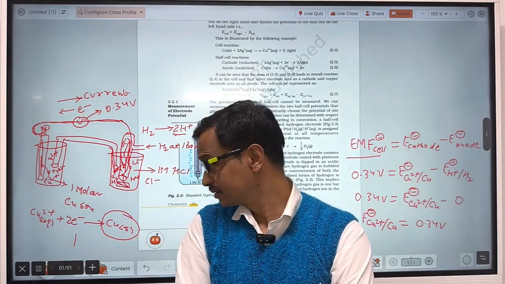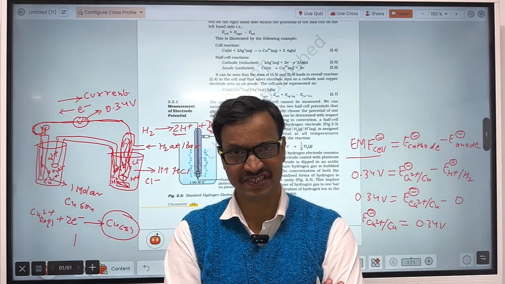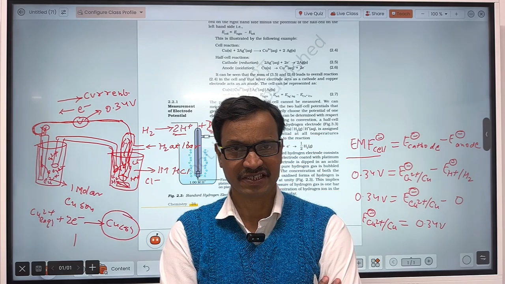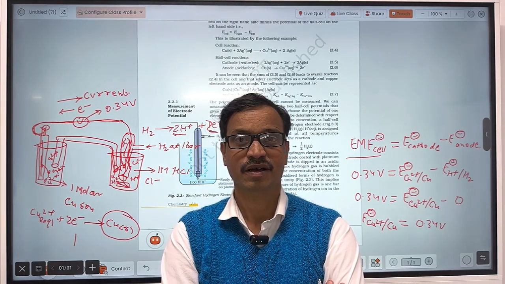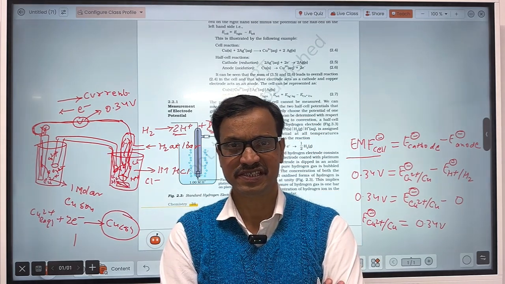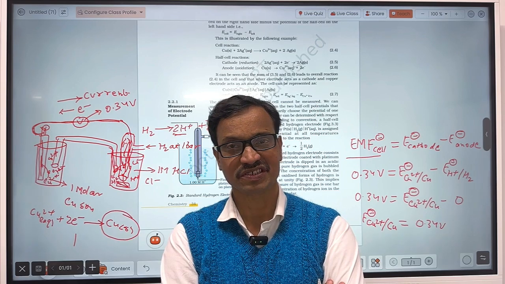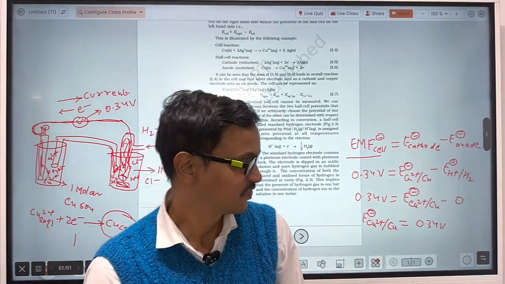Previously, we calculated the standard electrode potential of zinc, and we found that it was negative, and that was indicating that zinc has greater tendency to get oxidized compared to that of hydrogen.